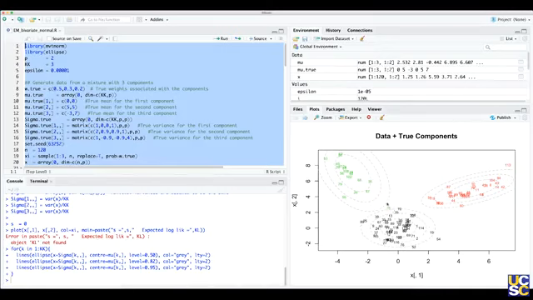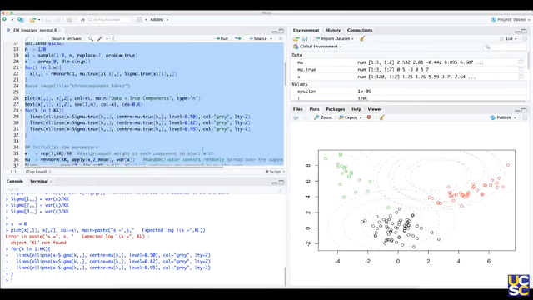So we will use this observation as a test case at the end to, again, highlight a little bit how the algorithm works. So this is the true component, so the contour plots of the true density with the points that we have generated.